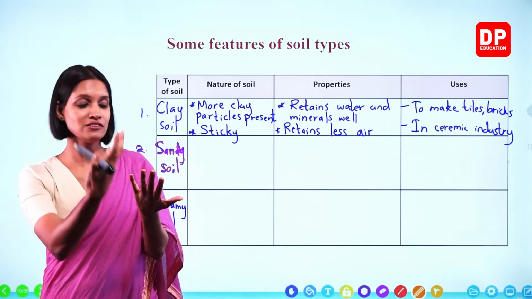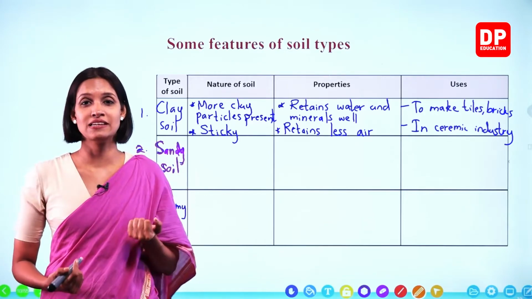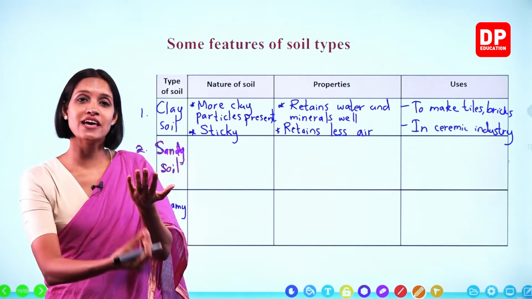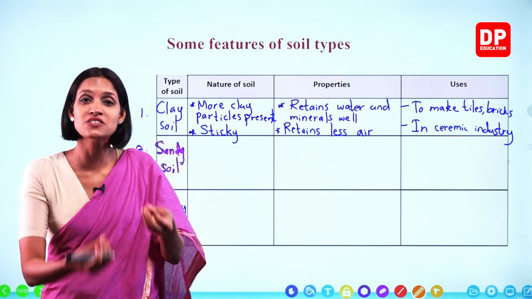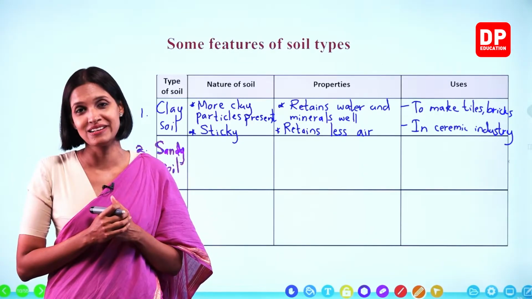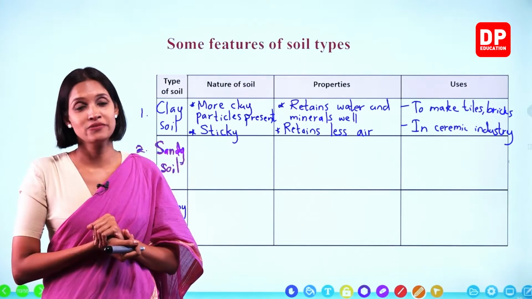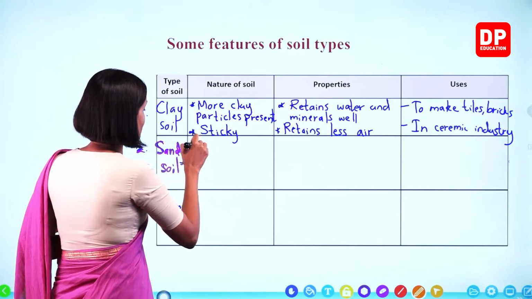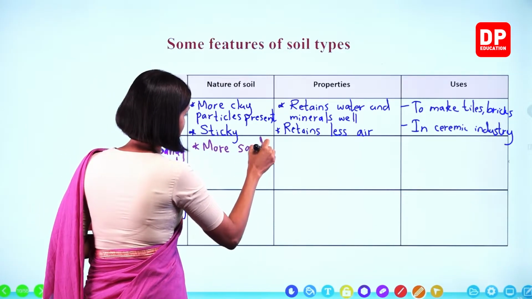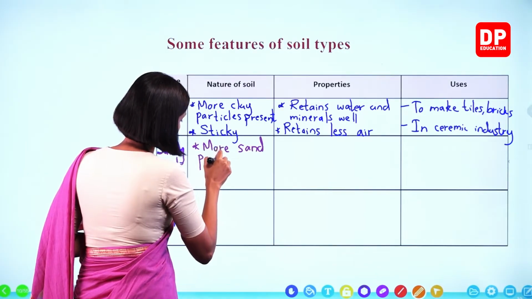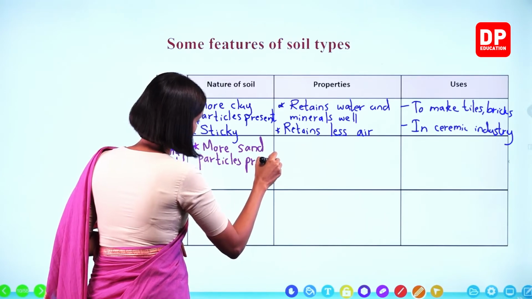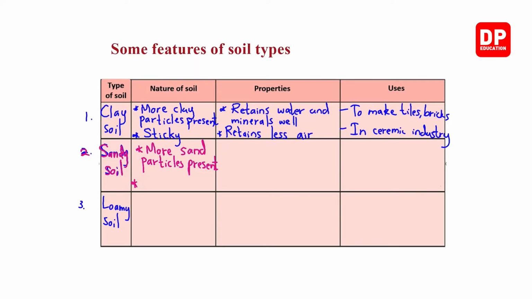Sand will go through your fingers very easily. It is not sticky at all. The sand particles go through your fingers easily because they are loosely arranged with each other, children. They are not packed with each other. So, more sand particles present. They are loosely arranged.